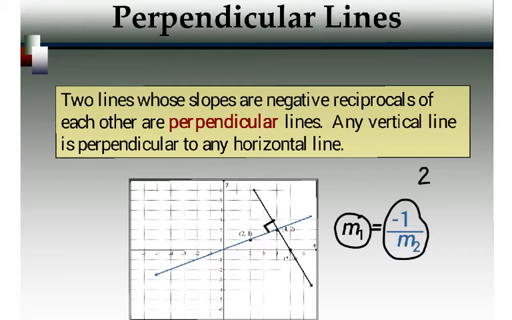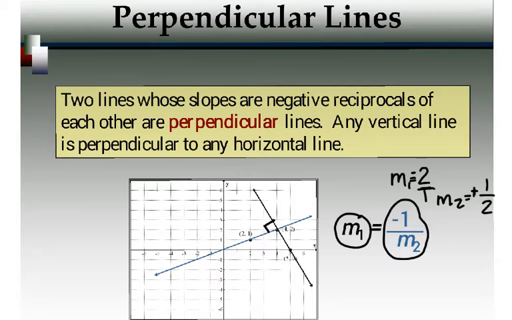The line that is perpendicular to it is going to have a slope of 1 over that, or you're just going to say 2 over 1, flip that. The reciprocal is flipping the fraction, and then you place a negative sign in front. So the negative reciprocal: flip the fraction and put a negative in front of it. If you already had a negative in front of it, it's going to change to a positive. Say this was negative 2, this is going to be positive 1/2.